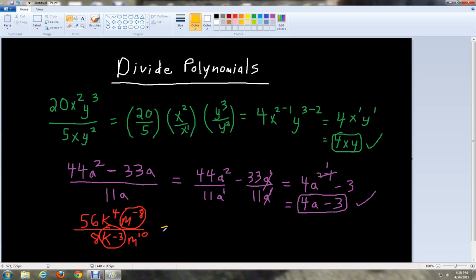So what we'll do first is we'll do 56 divided by 8. We take care of the numbers first, so that will give us 7 k to the 4th m to the negative 8 all over k to the negative 3 m to the 10th.